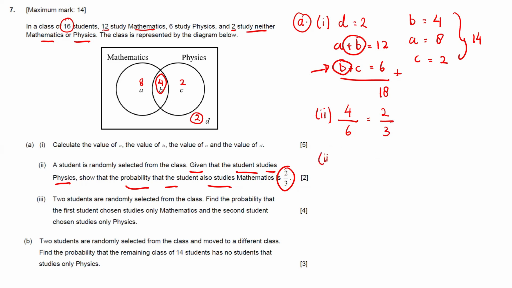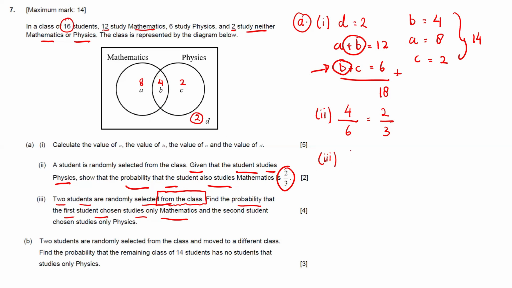Question I. 2 students are randomly selected from the class. Find the probability that the first student chosen studies only mathematics and the second student chosen studies only physics. Okay, so it is selected from the class, meaning out of 16. How many students study only mathematics? 8.